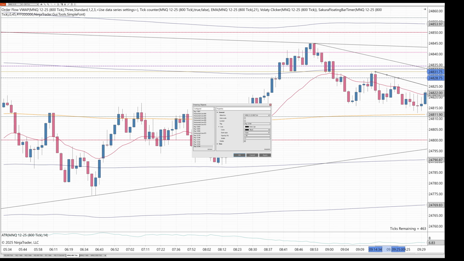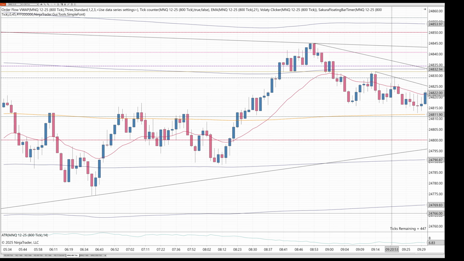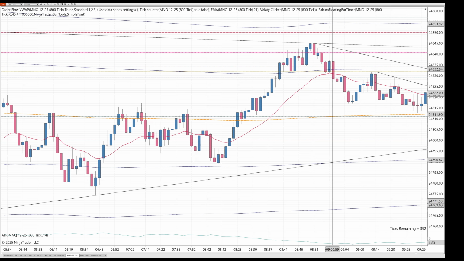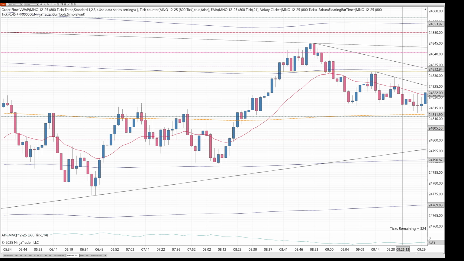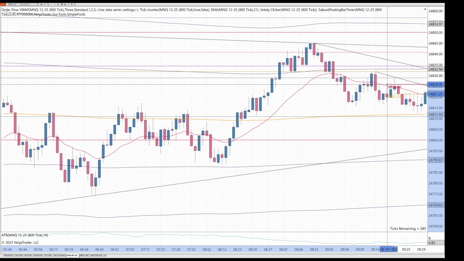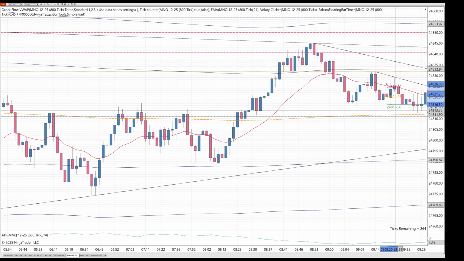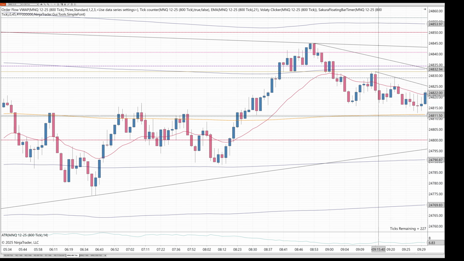Market structure this morning was actually very tricky, very choppy, and there weren't really a lot of signals that I said, wow, yeah, this is the one. This is what we need to take, right? All right, so we don't have any trades right now. Market open. This candle right here is presenting a potential signal to go higher.